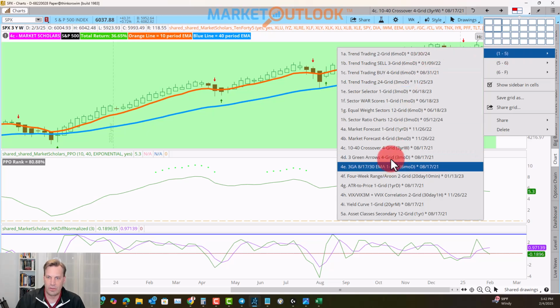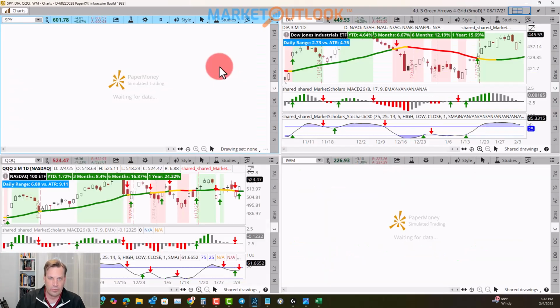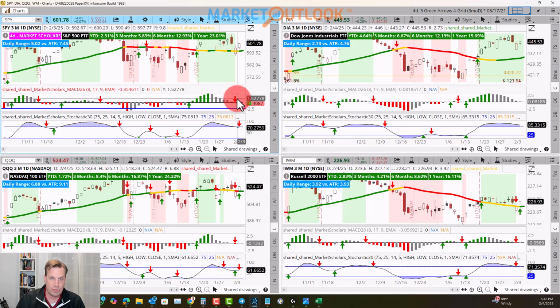If you take a look at the 3 green arrow chart, you'll see that, again, we have 2 red arrows on the S&P, 2 red arrows on the NASDAQ, 2 red arrows on IWM. They haven't turned to green yet down there, but we are back above. Remember, when we get 3 red arrows, it's usually the moving average that bounces first, right? And we have that on the Qs, we have that here on IWM, and of course, we still have 3 green arrows because we haven't got that red arrow on the MACD yet there.